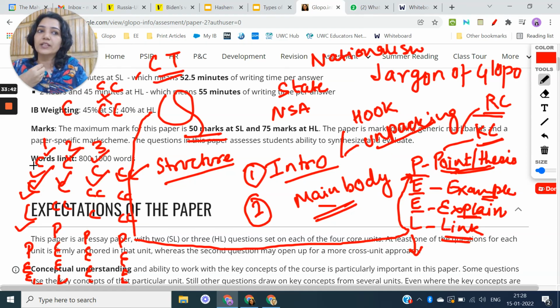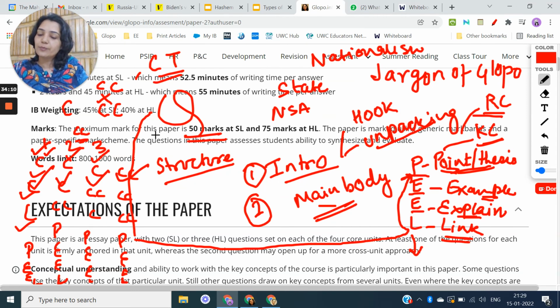For example, if I give you the case study of the European Union, then you can use it as the claim, and even as the counterclaim for this one, right? But I don't think you would be able to sustain it for 4 paragraphs. At least for 2 paragraphs you can use the European Union as the claim and counterclaim under that question, but it all depends on the demand of the question.